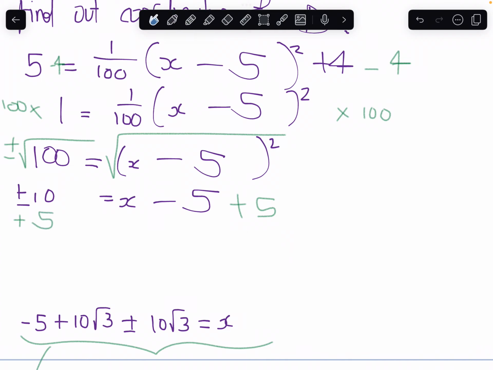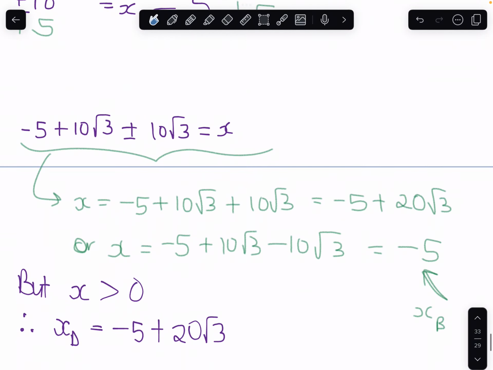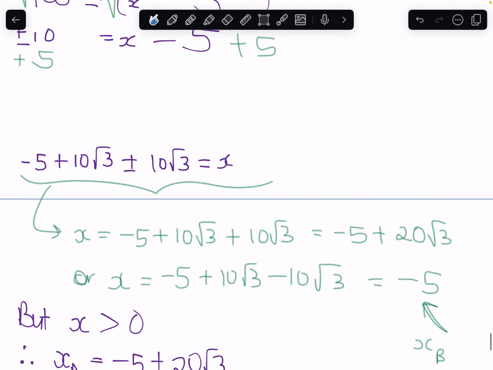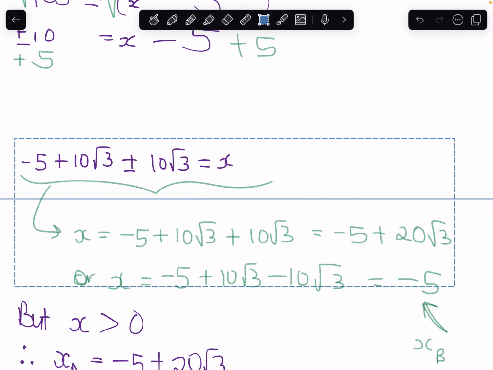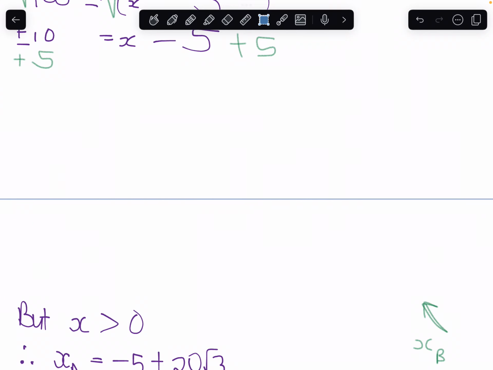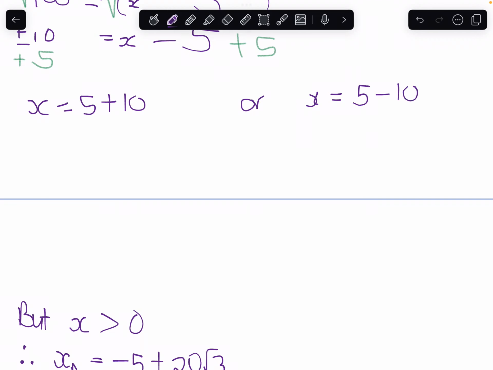Okay, so this would become 5 plus 10. So x is equal to 5 plus 10, or x is equal to 5 minus 10. So that is 15, and that is negative 5.